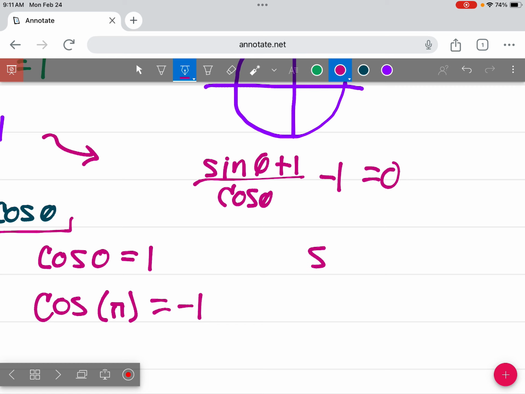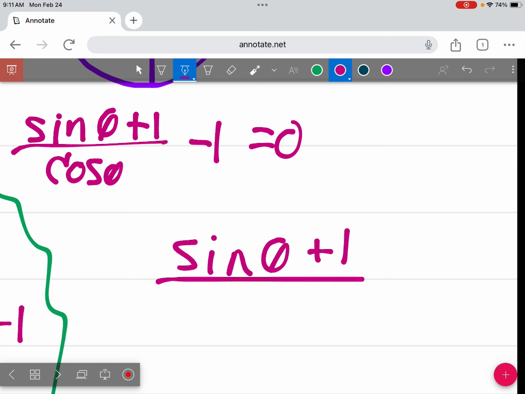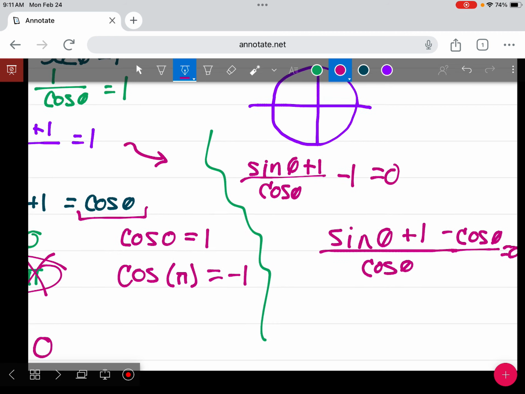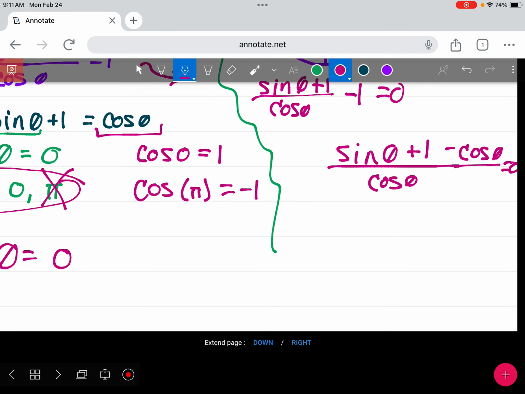We're going to have our sine of theta plus 1 minus cosine theta equals 0. And we're still super unpleasant here. It's doable. It's just really not pleasant here, because we have too many different pieces.